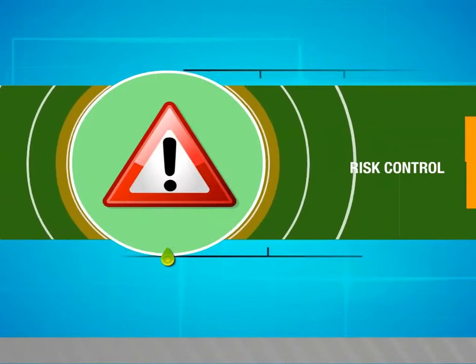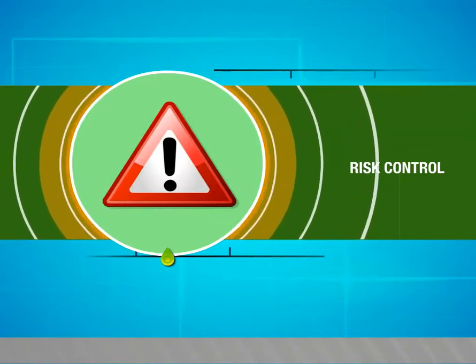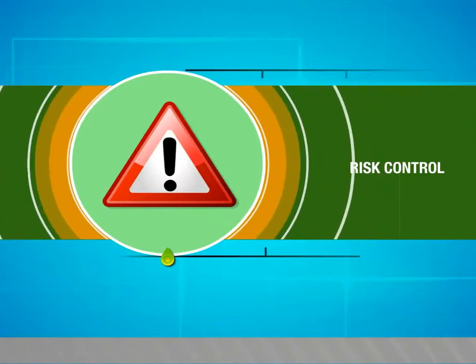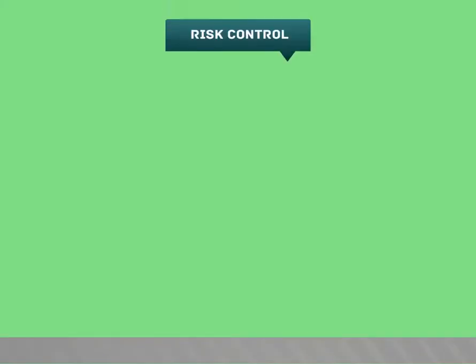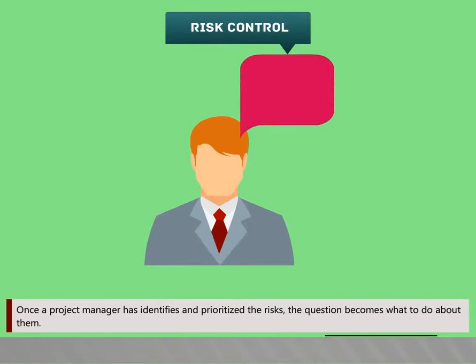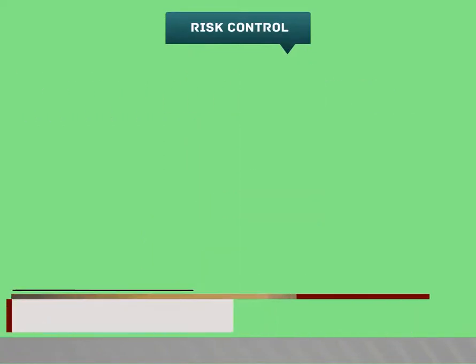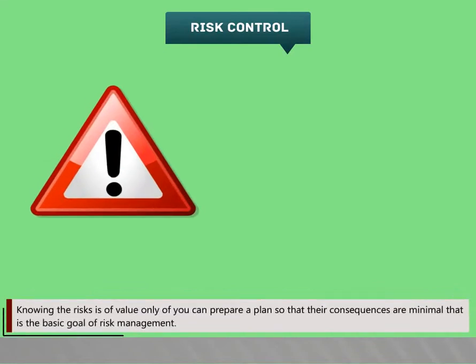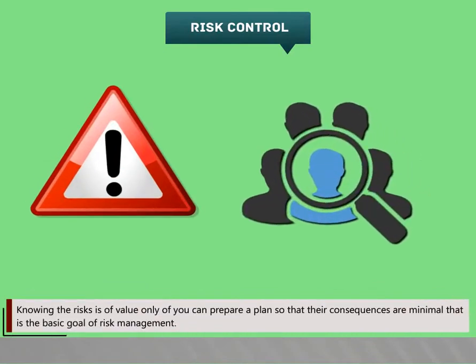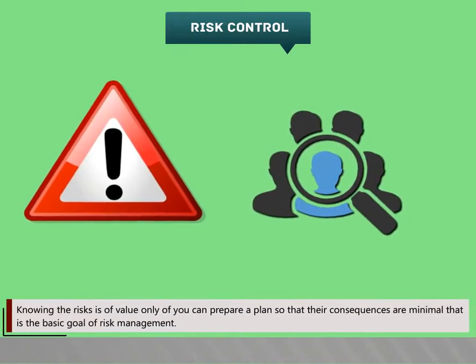Risk control. In this video, we are going to learn about risk control. Once a project manager has identified and prioritized the risks, the question becomes what to do about them. Knowing the risk is of value only if you can prepare a plan so that their consequences are minimal.